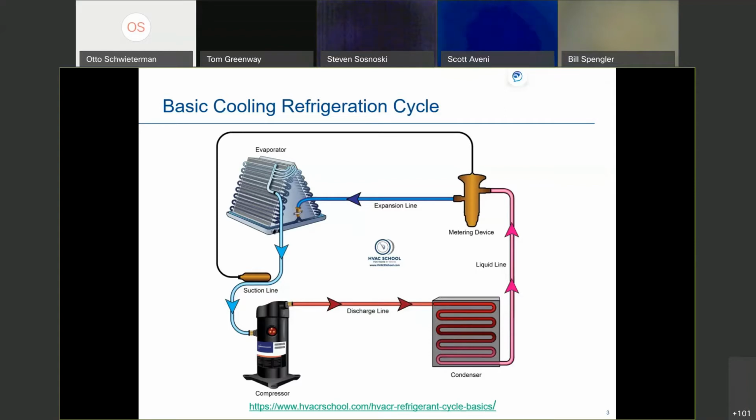You may have the return air going into the evaporator at 75 degrees, and that evaporator is going to cool that down to 55 degrees. Then the refrigerant warms up and comes back to the compressor, and it keeps doing this over and over again to control that supply air temperature to condition the space.